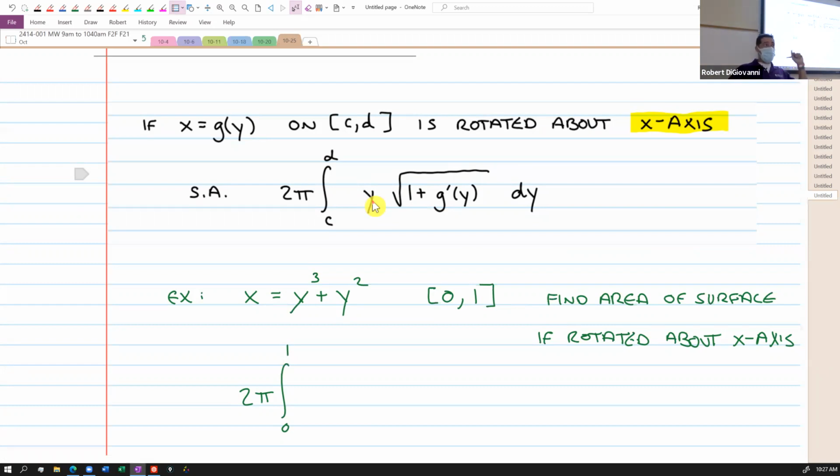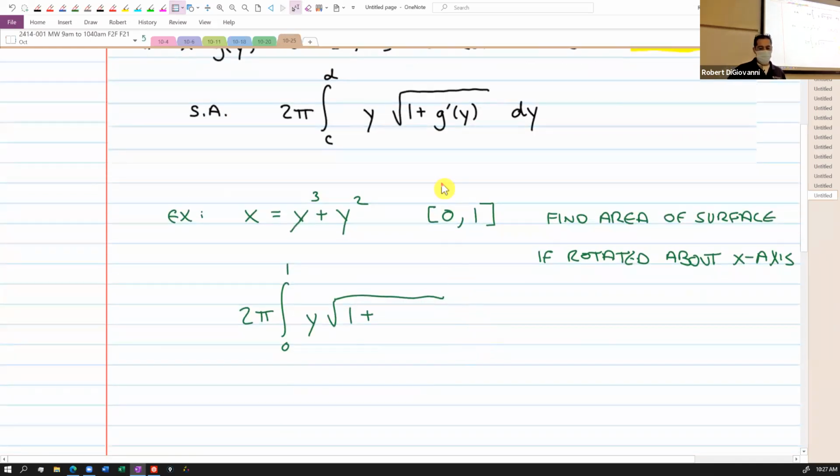Here, because this is a function of y and we're going around the x-axis, we are just simply going to put the letter y there, the variable y. And then we will have the square root of 1 plus, now g prime of y. That means you have to take the derivative of this, right? Take the derivative with respect to y, which is 3y squared plus 2y, and then you have to square that, and that's all with respect to y.